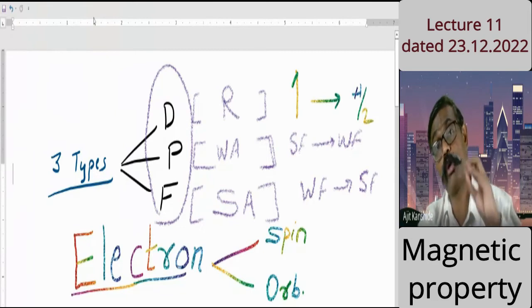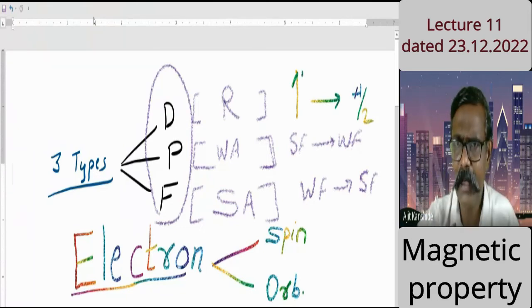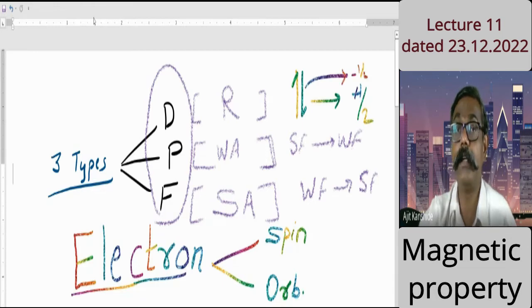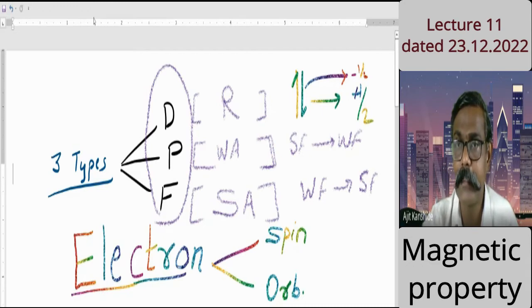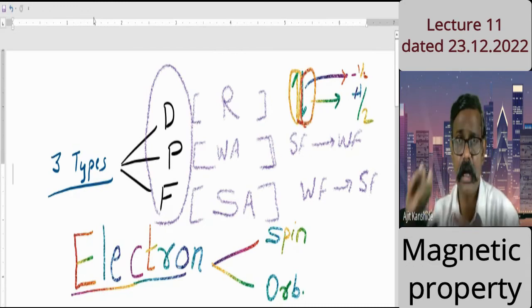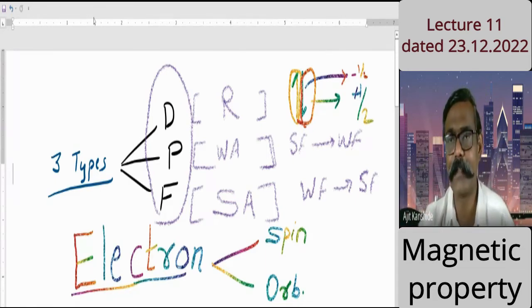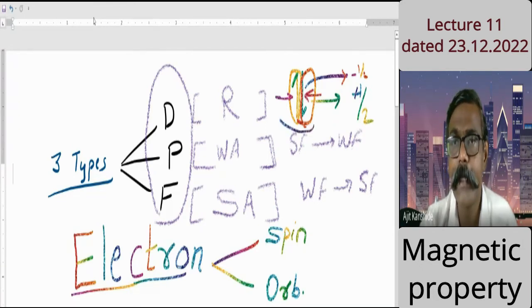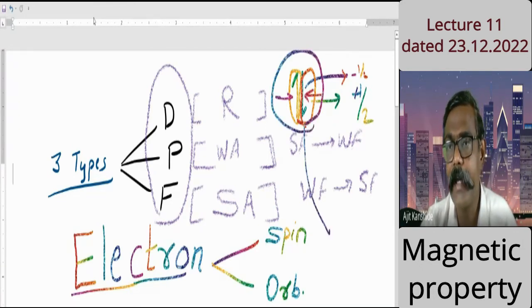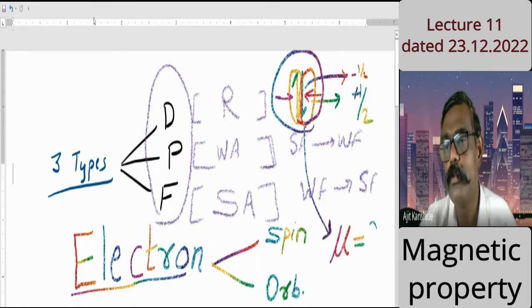Then it will cause one kind of magnetism. If I consider another electron whose spin we say is minus half, it has the other kind of magnetism. And the magnetism caused by this electron gets countered by the other electron. Countered means opposed, or it will cancel. So when cancelling happens, the net magnetism, that's mu, will be equal to 0.